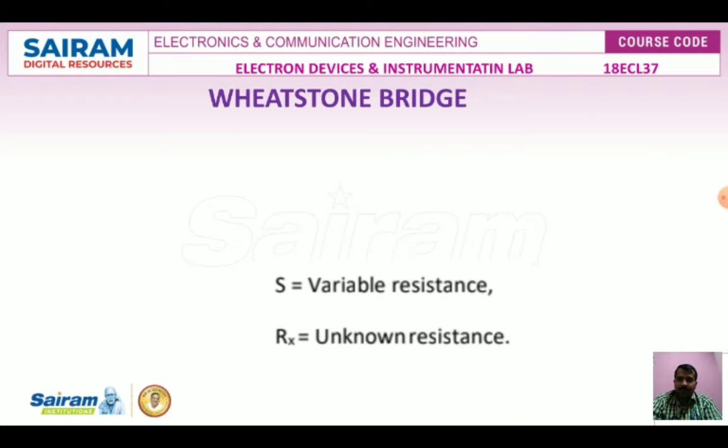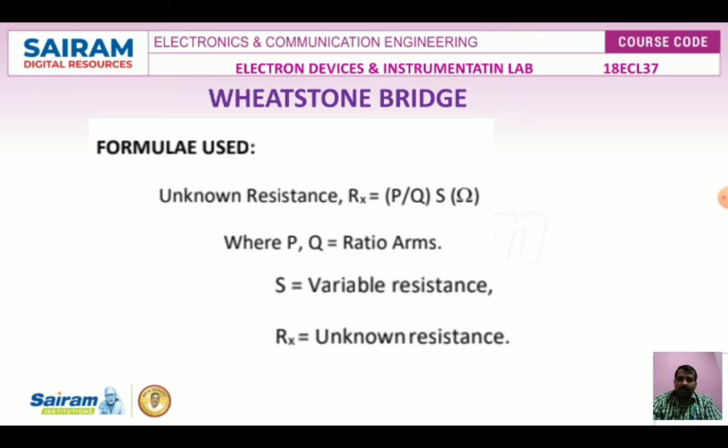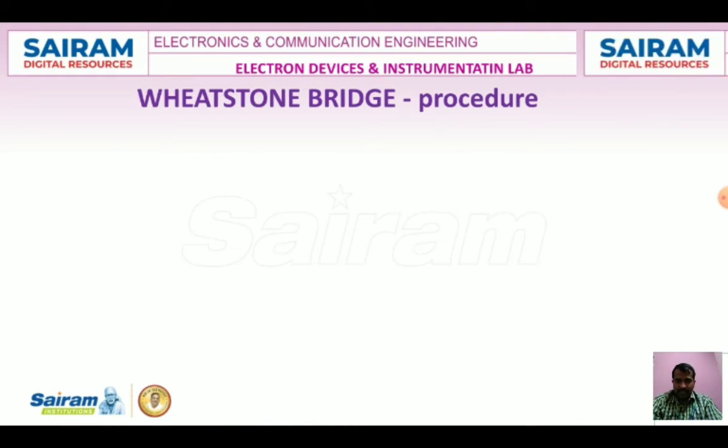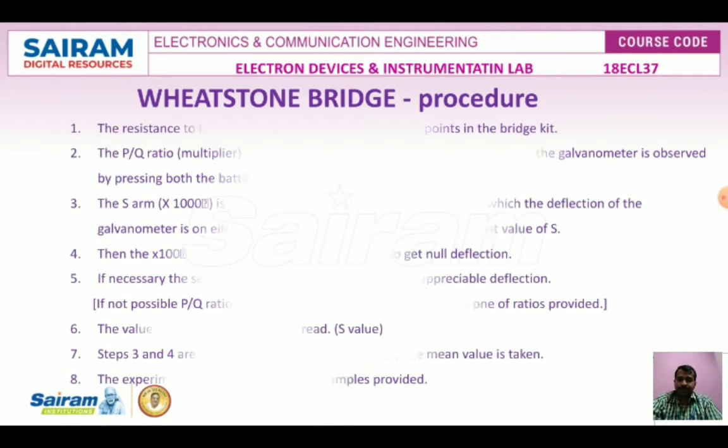The formula used here is: unknown resistance Rx is equal to P by Q into S ohm, where P, Q are the ratio arms, S is the variable resistance, and Rx is the unknown resistance.